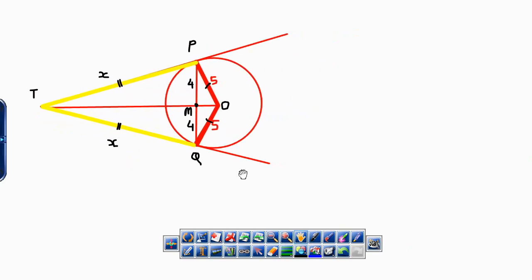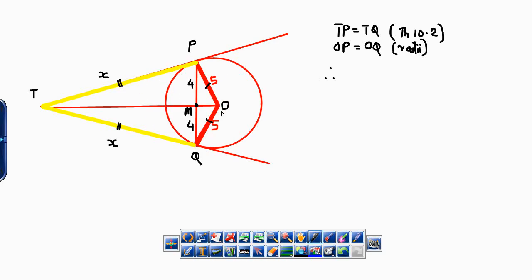Starting from the start. This is a very long sum, but focus, too much to learn. TP is equal to TQ. Theorem 10.2 says the lengths of the two tangents are same. Both yellow lines are the same length. OP is equal to OQ because both are radius, and radiuses are always same.